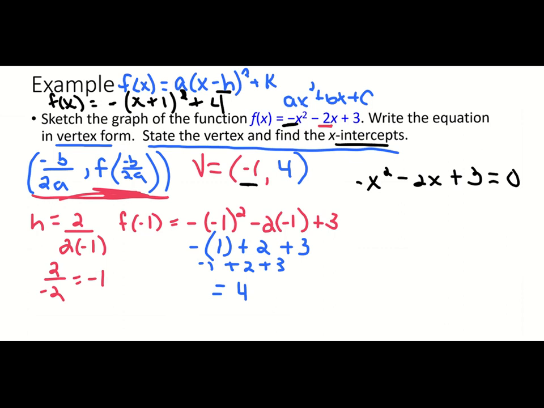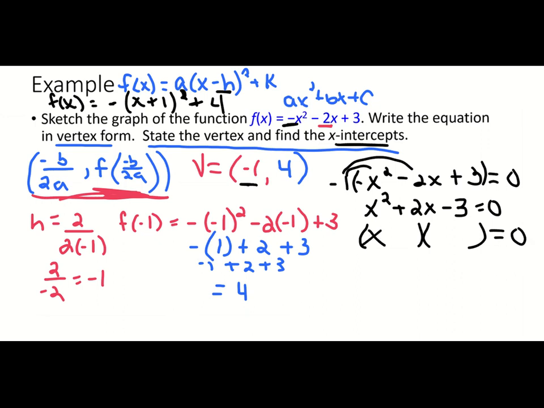But before I do that, I do not want a negative x squared. I want to make it positive. So I'm going to multiply everything by negative 1. What that does is it makes it a positive x squared. You have to distribute it to everything. So now we have x squared plus 2x minus 3 equals 0.